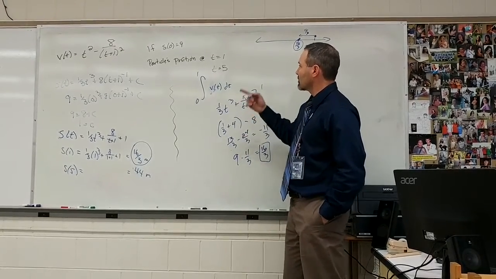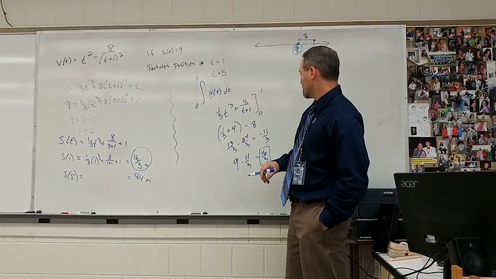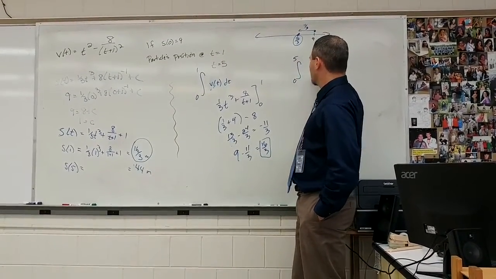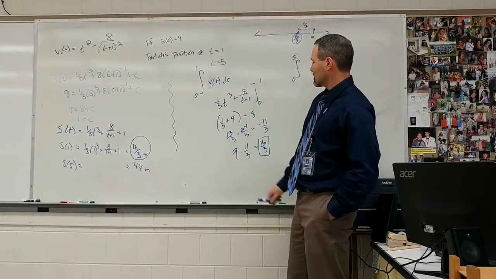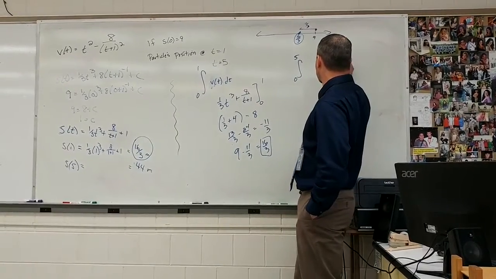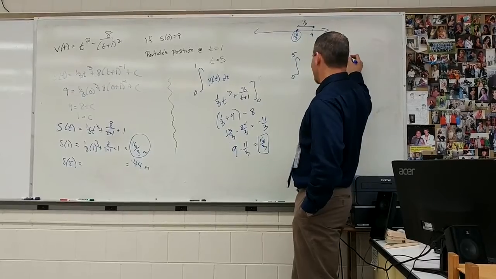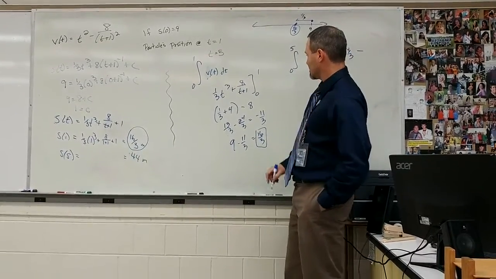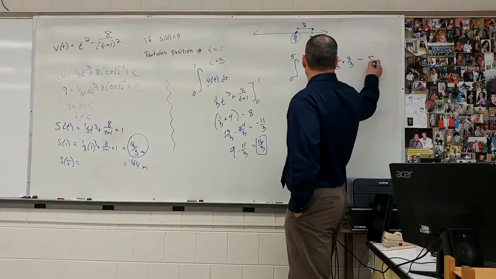Okay, so then if I integrated from 0 to 5, we would get 125 thirds plus 8 over 6, 64 thirds, minus 8.